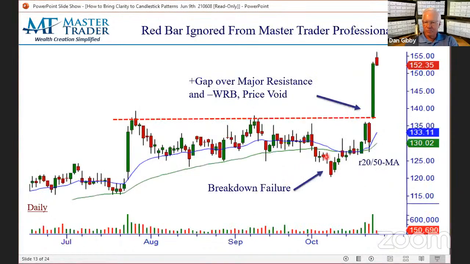Just a breakdown failure. So this is communicating, snap right back, but there's no pattern here yet. And now this is the pattern. This was an ugly reversal. There's still no, we wouldn't act yet. There's nothing to do in this until it had a gap breakout over this ugly red bar.